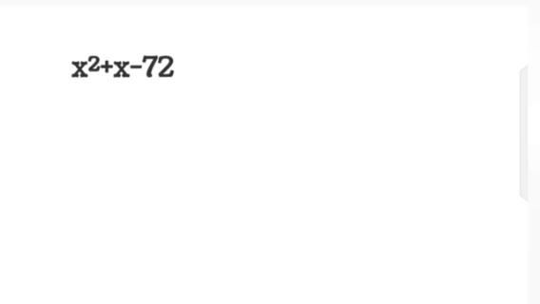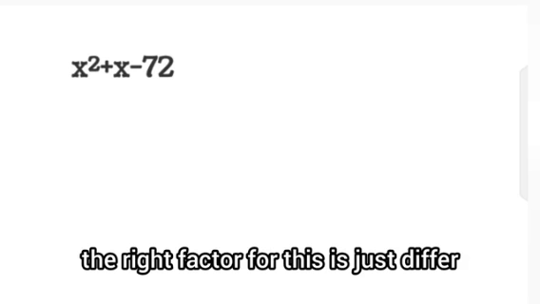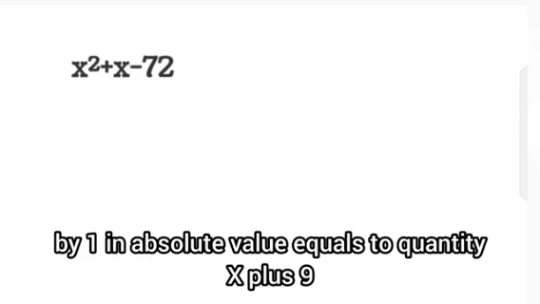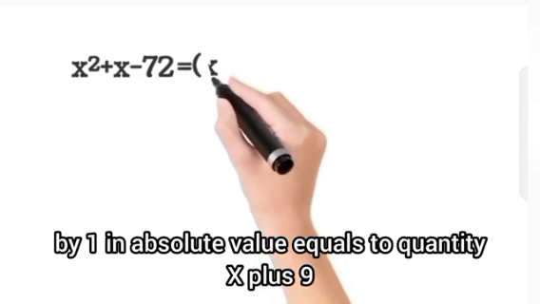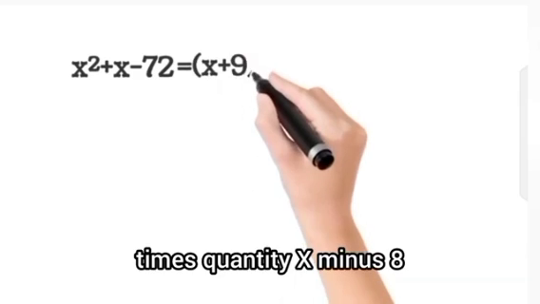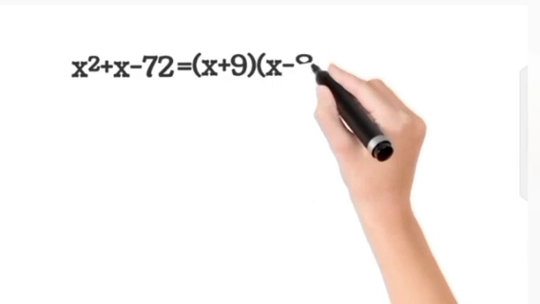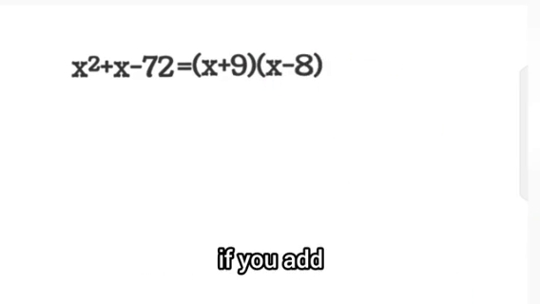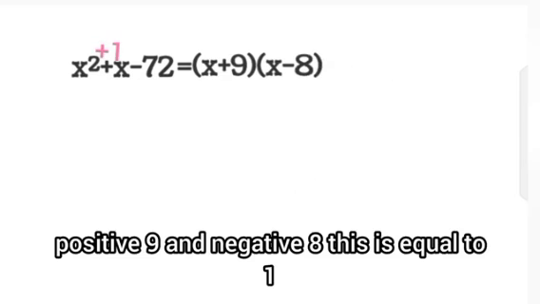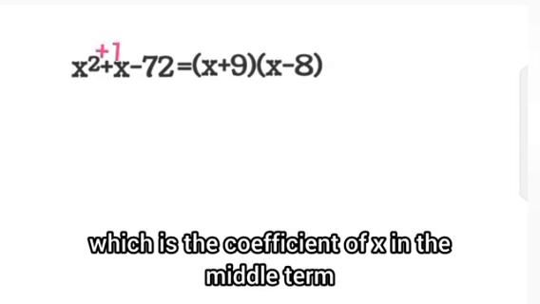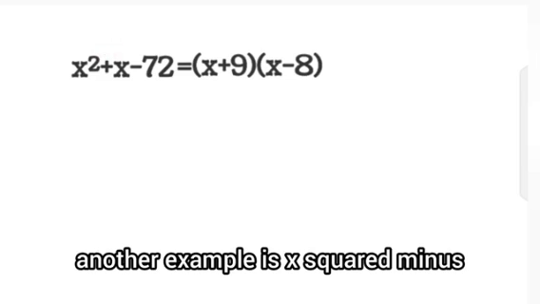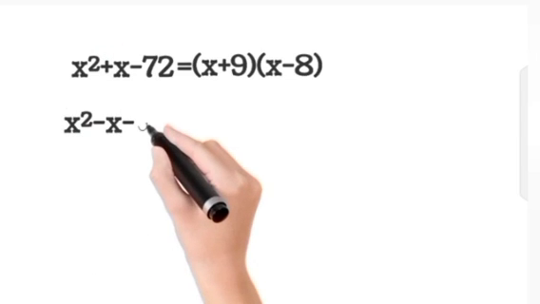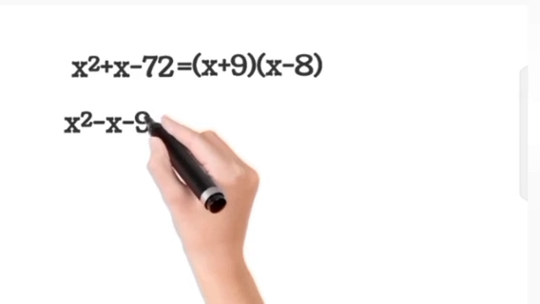The right factors for this just differ by 1 in absolute value. It's equal to quantity x plus 9 times quantity x minus 8. If you add positive 9 and negative 8, this is equal to 1, which is the coefficient of x in the middle term.